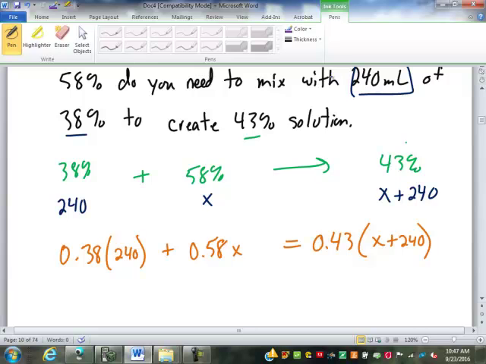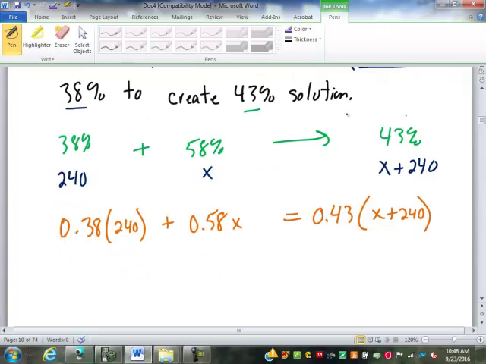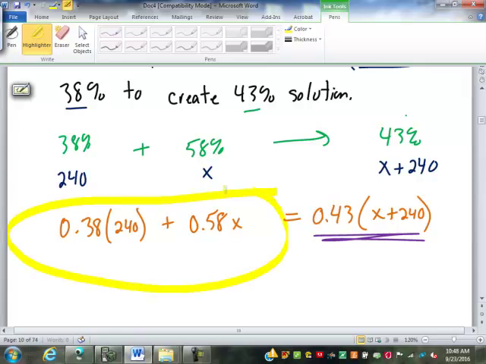Okay, so the key is you have to have the amount of medication or active ingredient from each of the ingredients added together to get the total in your result. And so the amount of that is always going to be your concentration, which is your percent converted to a decimal, times your volume or your mass. So for the two things that are being combined will always go on the left side.